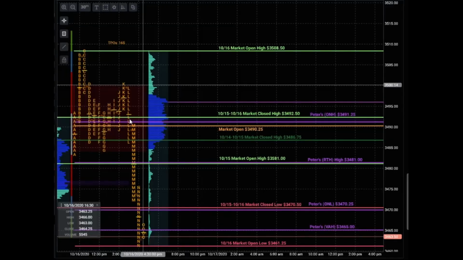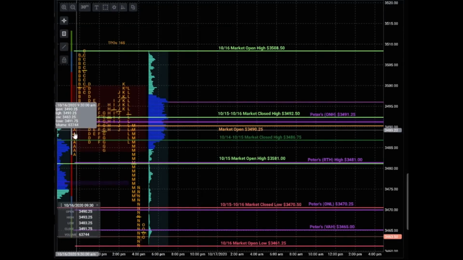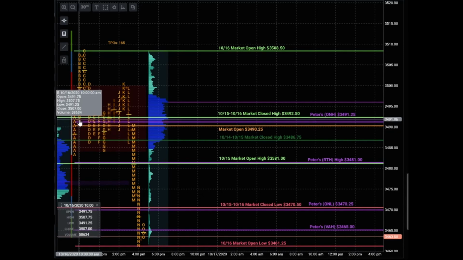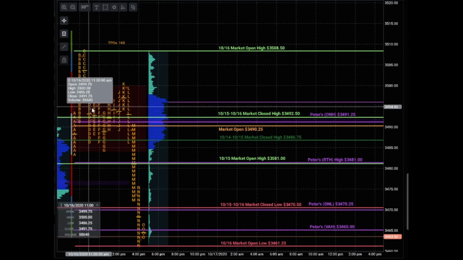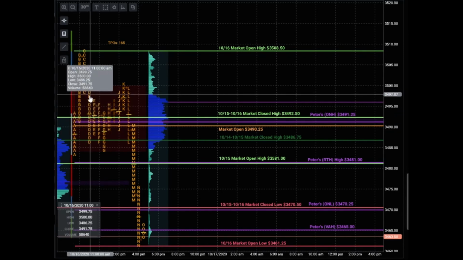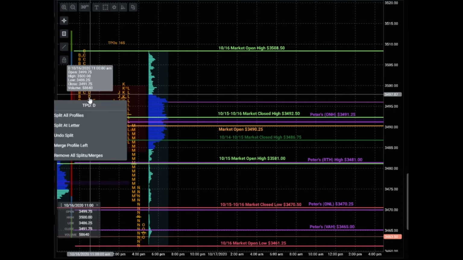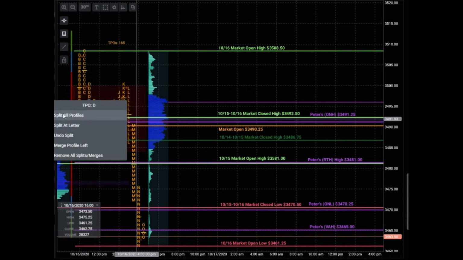So that's the settings. But also, I don't know if it's Tradovate, but these stack on top of each other, which I don't like. So when this market opens after the first print A, when it prints B, I'll click here, and I try to click split all the profiles, but it won't work. So I don't know if it's something going on with Tradovate.